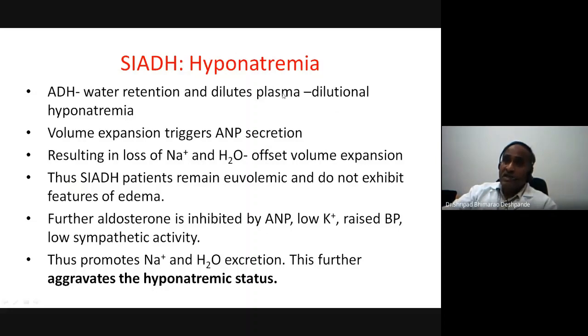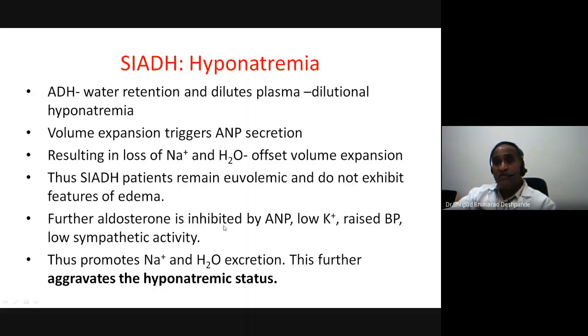Now, because the blood pressure is high, it is associated with baroreceptor activation, and that decreases the sympathetic activity. These factors, either independently, this ANP inhibition, the low potassium concentration, the increased blood pressure, and decreased sympathetic activity, do not stimulate aldosterone.